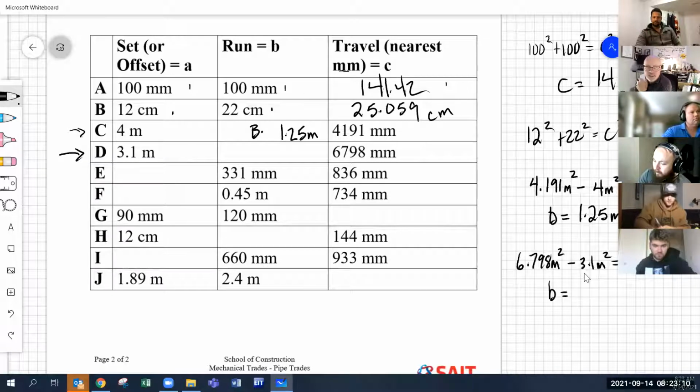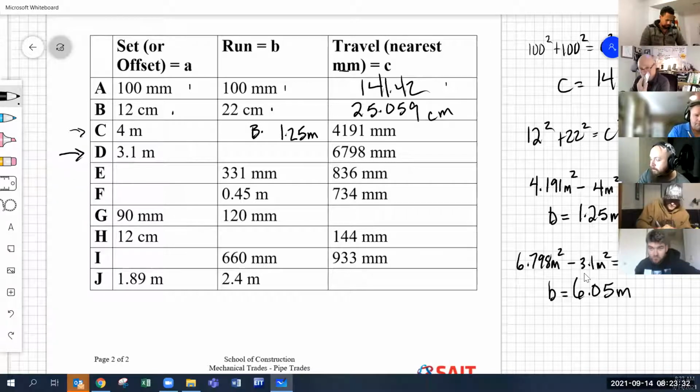So B would equal, and I could type that right out in my calculator in one shot, 6.798 squared minus 3.1 squared equals shift square root. B is going to equal 6.05 meters.